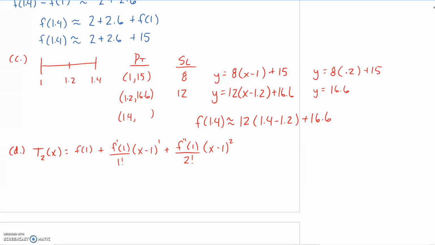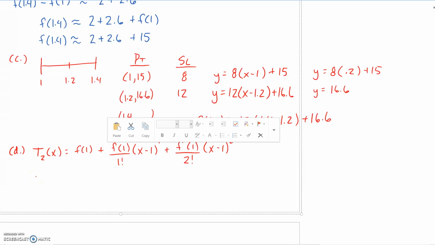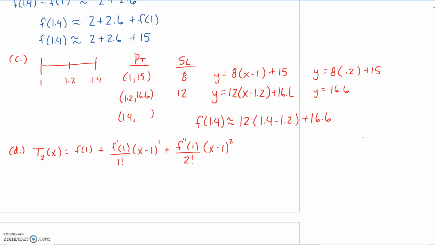And this is the Taylor polynomial, which we're using to approximate f. And we want to use it to approximate f at 1.4. We're going to fill in the values for f of 1, f prime of 1, and f double prime of 1. F of 1 is 15. F prime of 1 is 8.